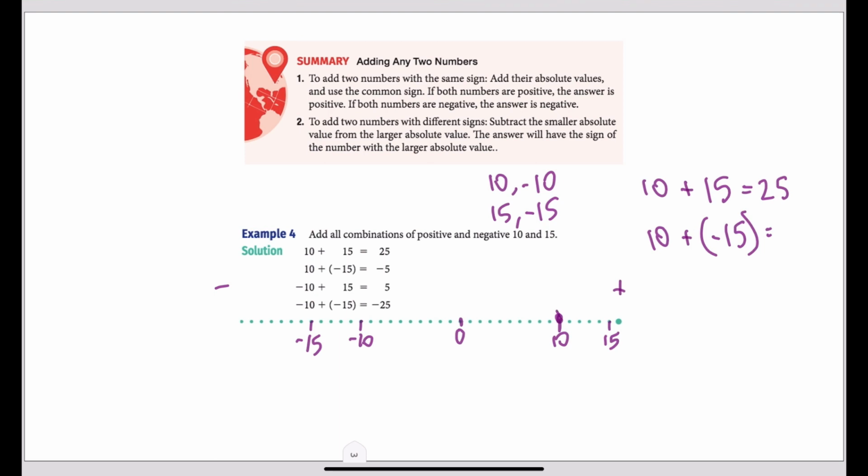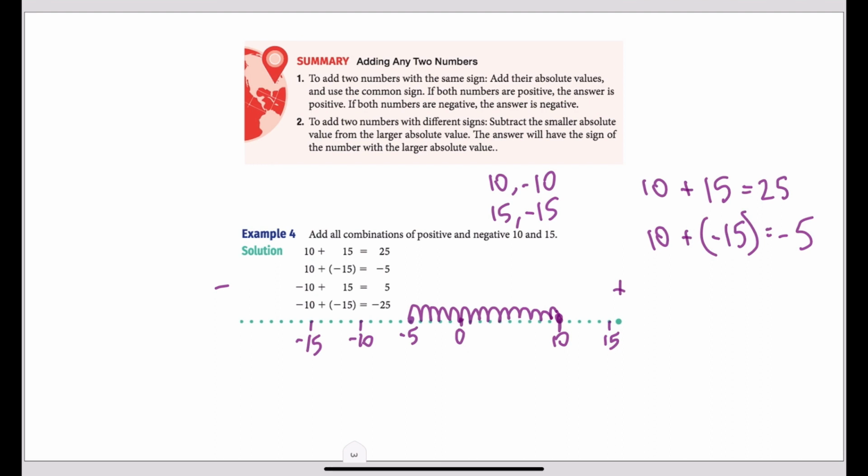I count 1, 2, 3, 4, 5, 6, 7, 8, 9, 10 back to 0, and I've still got 5 more to count. 1, 2, 3, 4, 5. What's that value? That value there is negative 5, which is 5 units on the left of 0 on the number line.